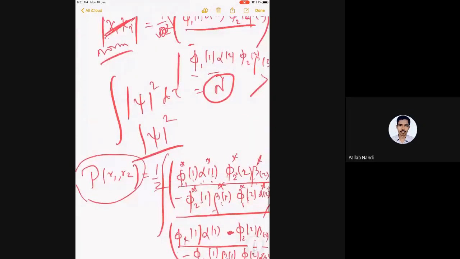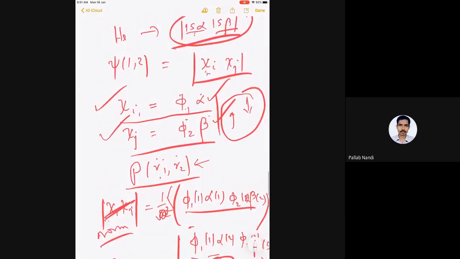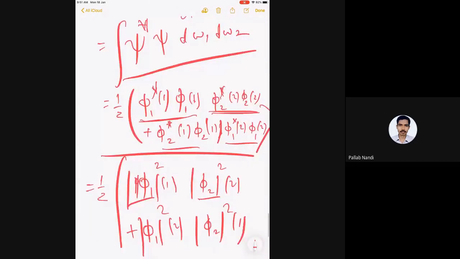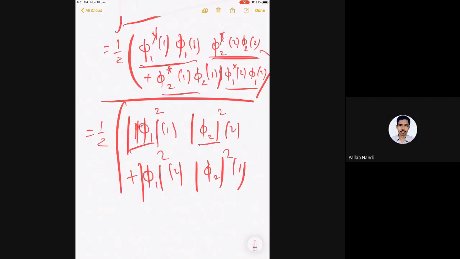And this is, of course, understandable because electrons 1 and 2 are interchangeable. So when I said right in the beginning that this is my function, I don't know which is electron 1, which is electron 2, apart from the alpha beta. Now alpha betas are gone anyway. So electron 1 can be in phi 1, electron 2 can be in phi 2, or vice versa. And that is actually reflected here with the density. So I have the two densities, and that's why there's a factor half also. So everything looks very nice.